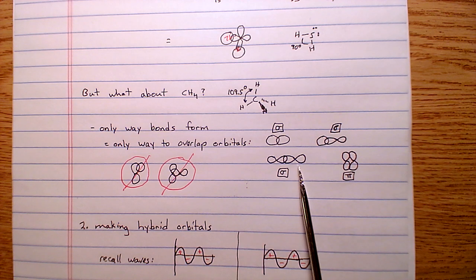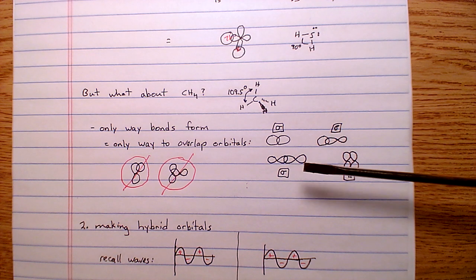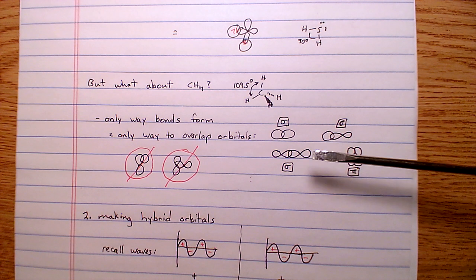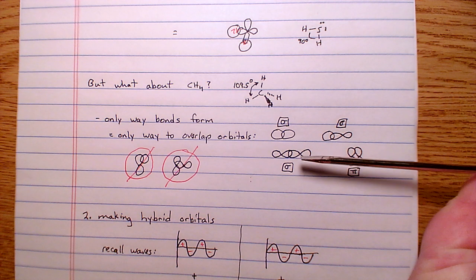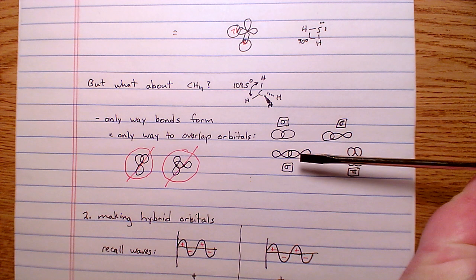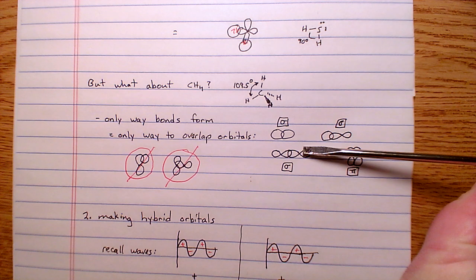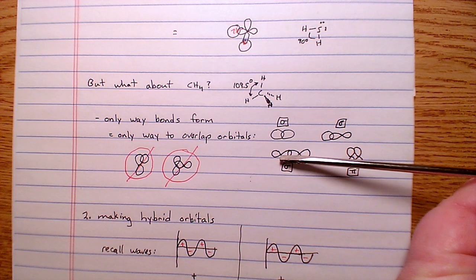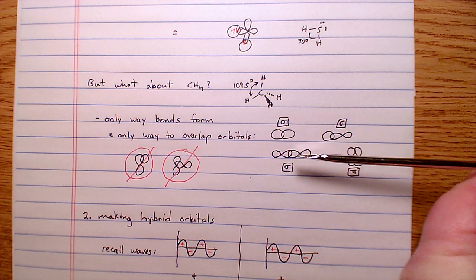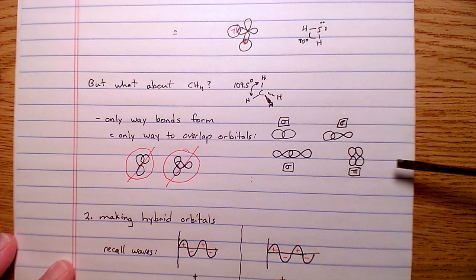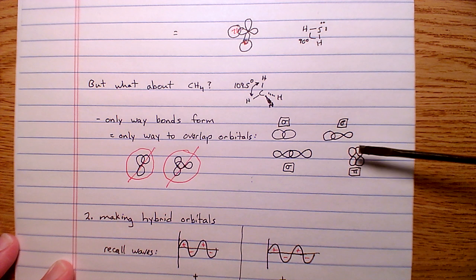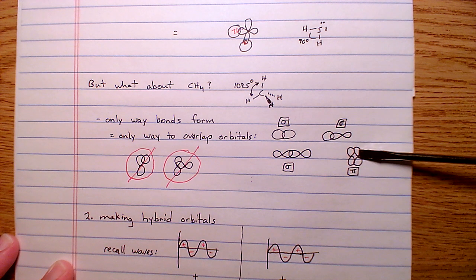Same over here. If I took this sigma orbital here and just rotated it like this, rotating one orbital while keeping this orbital over here stationary does not change this overlap right here. But note what would happen if I held this one vertical like this, but took this one here and started to rotate it?